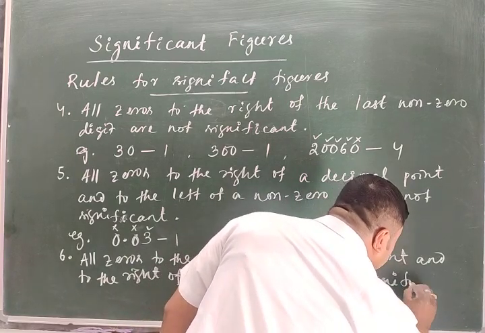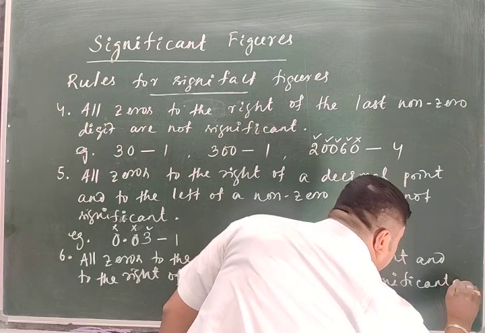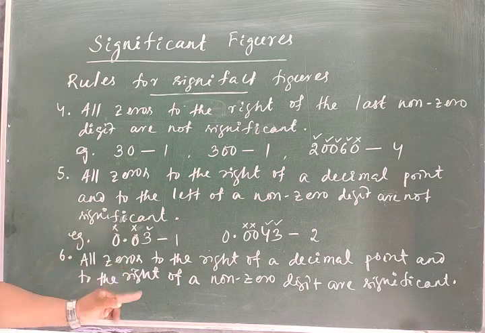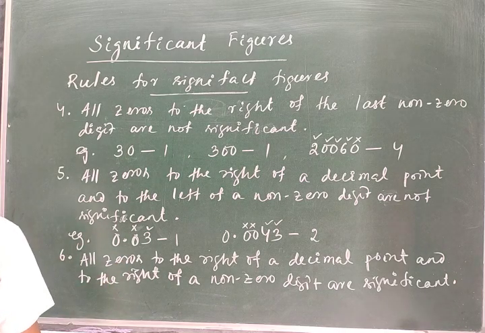Are significant. Clear? All zeros to the right of a decimal point and to the right of a non-zero digit are significant.